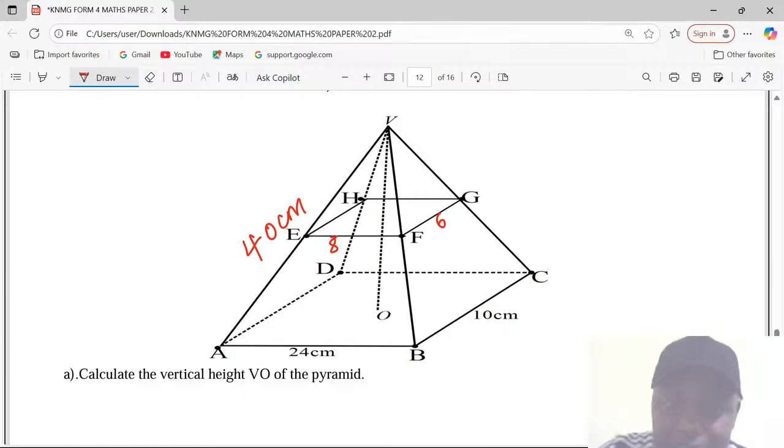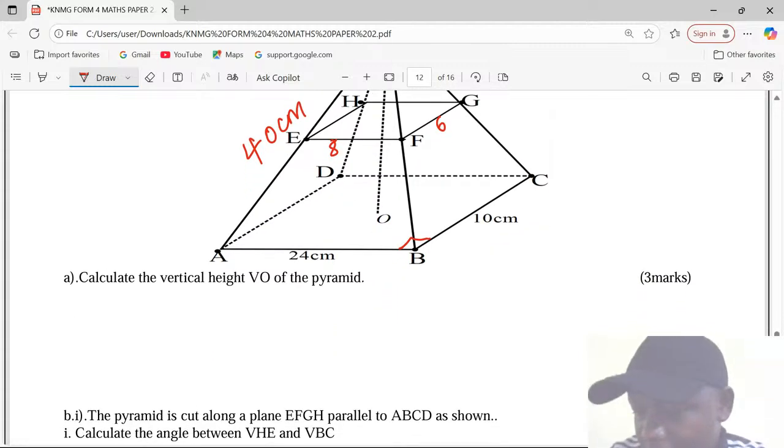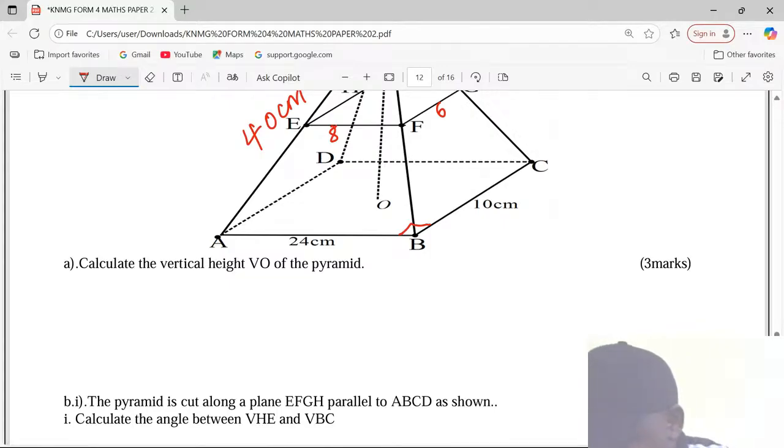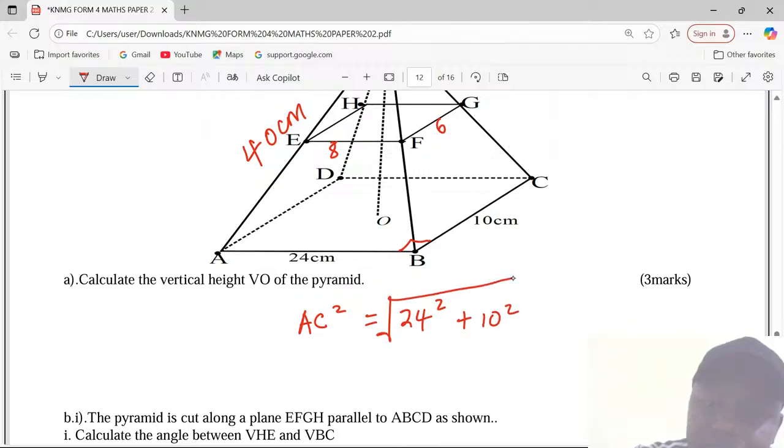The vertical height, VO. To get the vertical height, because the base is rectangular, let's get the diagonal AC of the base. AC squared is 24 squared plus 10 squared, then I take the square root because it is the diagonal.